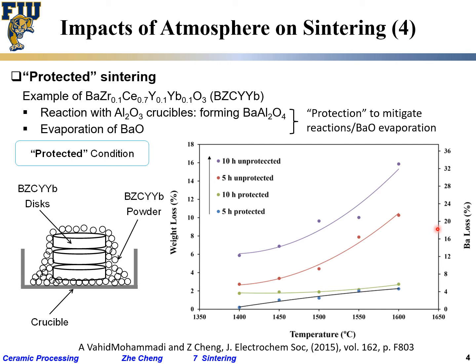And what we see is for the purple or the red, no matter what time we are talking about, we are having a lot of weight loss, which means barium loss. Weight loss is: we put this much pellet in, we weigh it before sintering, and then after sintering we weigh it again. If no barium loss, I should have the same weight. My weight loss should be close to 0.